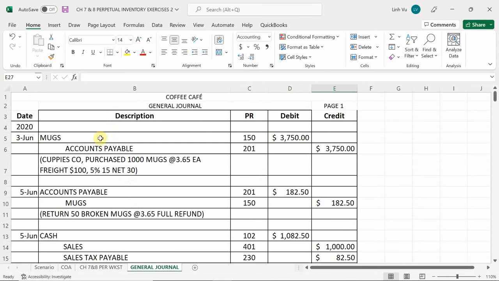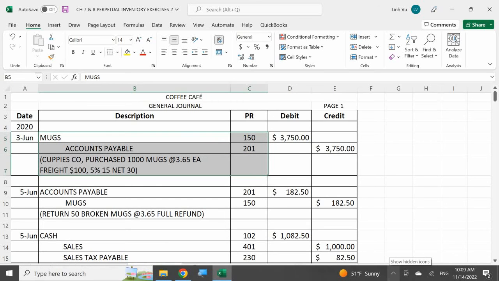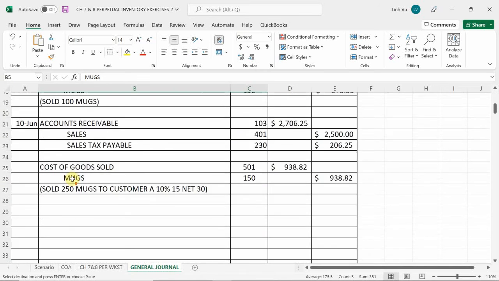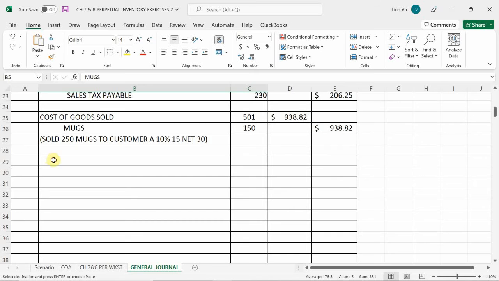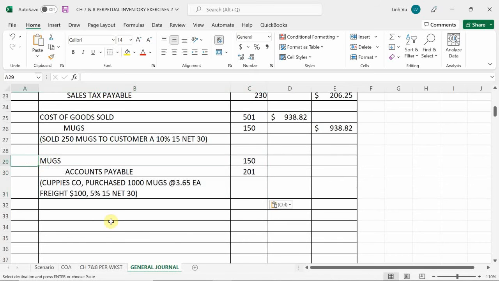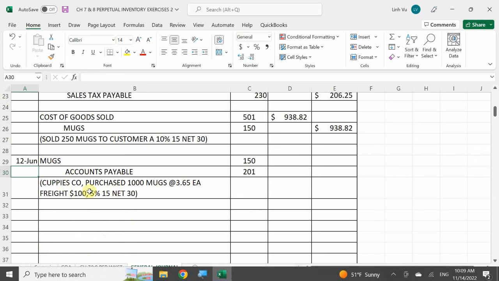So I'm going to go ahead and copy this section right here, because that's exactly what we're going to be doing, right? We're going to be debiting our mugs. We're going to be crediting our accounts payable on June 12th.